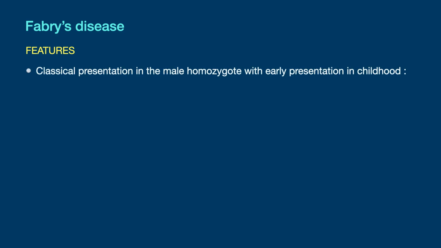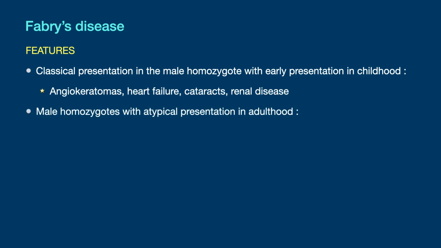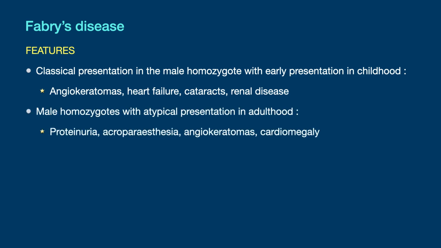The disorder has three distinct clinical features, which are classical presentation in the male homozygote with early presentation in childhood, presenting with angiokeratomas, heart failure and renal disease, male homozygotes with atypical presentation in childhood, which are proteinuria, acroparesthesia, angiokeratomas, and cardiomegaly.